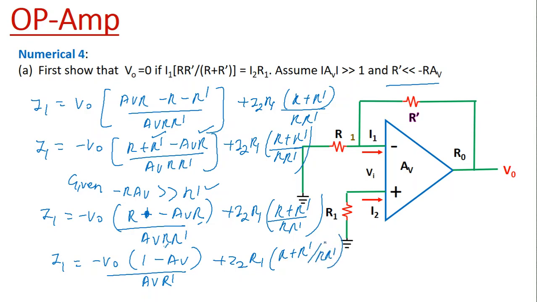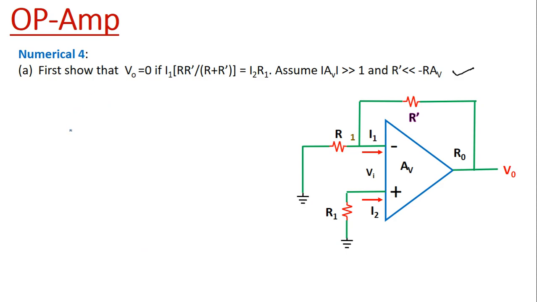This we are getting. Now we shift this negative sign into the bracket, so we get AV minus 1 in the equation.